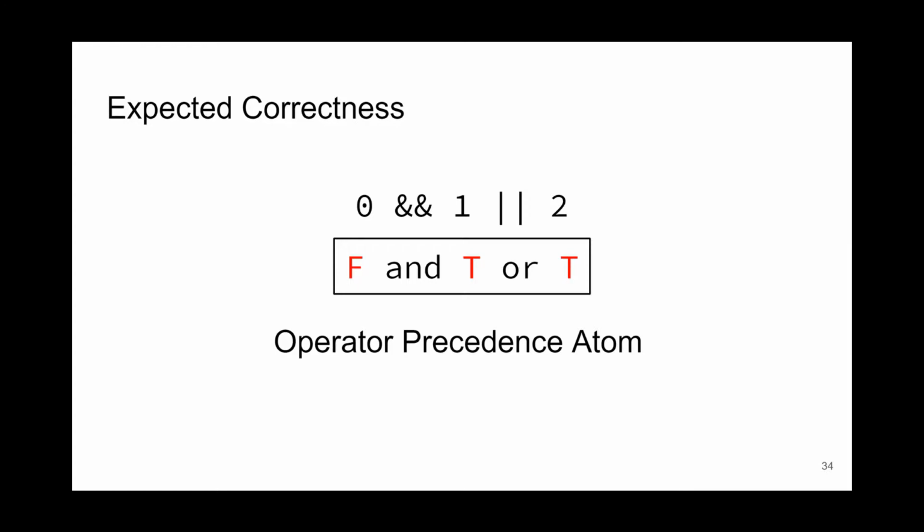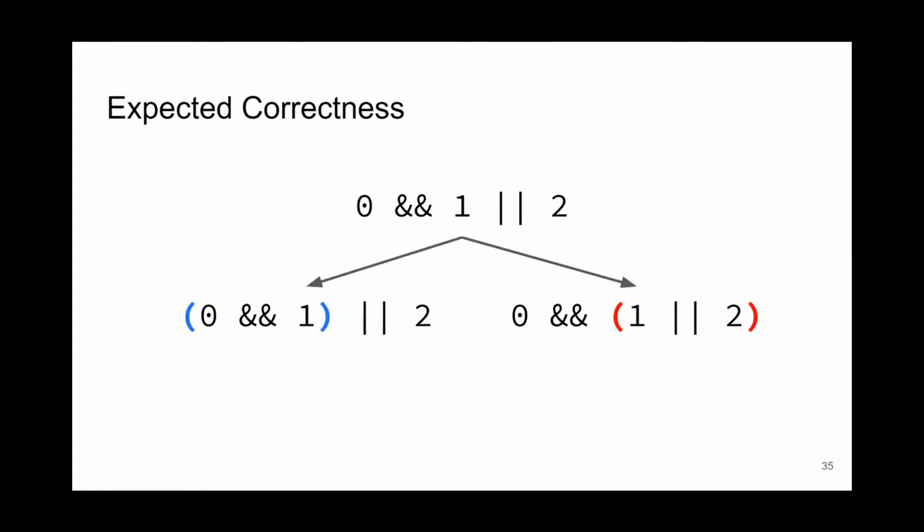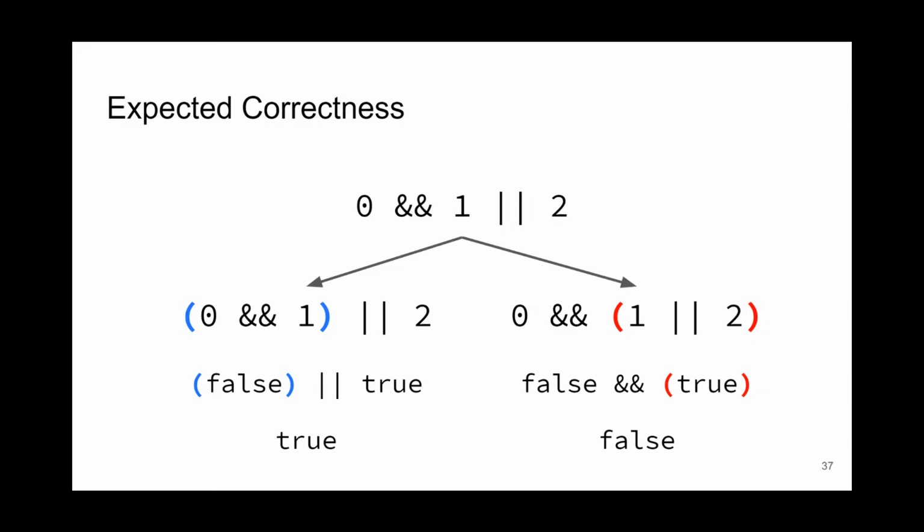And so based on this, we designed the expression shown above so that depending on how subjects believed it was evaluated, either with AND being evaluated first or OR being evaluated first, it would result in a different outcome. And from that, we can infer whether or not subjects understood the operator precedence of these two operators.